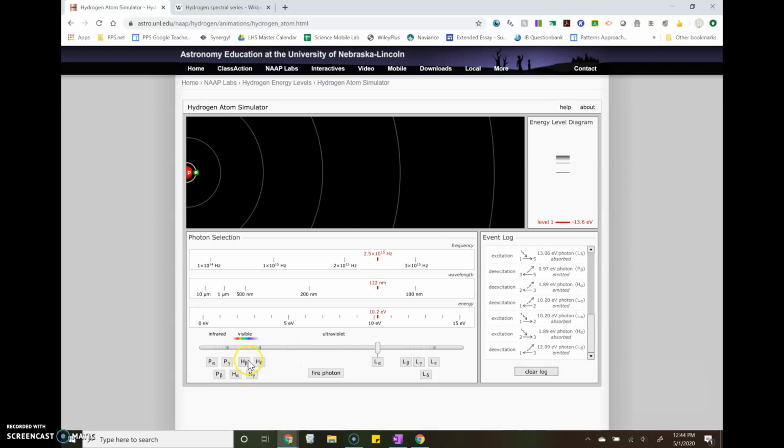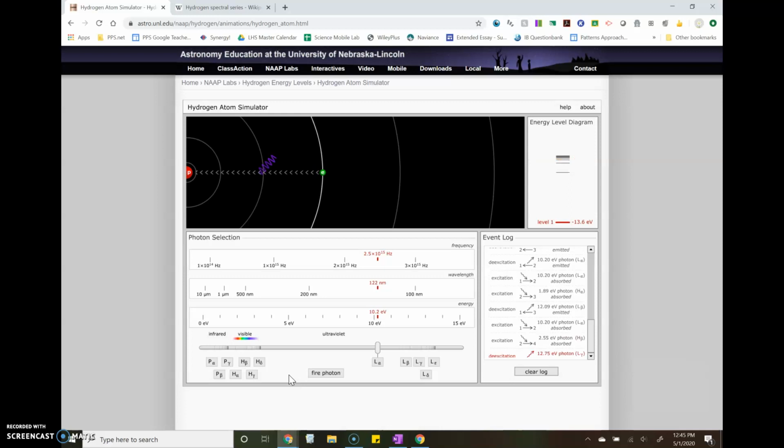These H buttons, these are called the Balmer series, named after another scientist who discovered them. All of the Balmer series will excite an electron in a hydrogen atom from n equals 2, the first excited state, up to another one. So watch this. I can excite it to the first excited state, n equals 2. And then if I hit H beta, it will be excited 2 more energy levels higher.